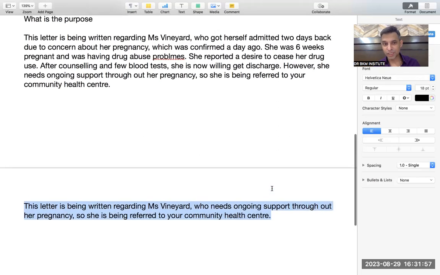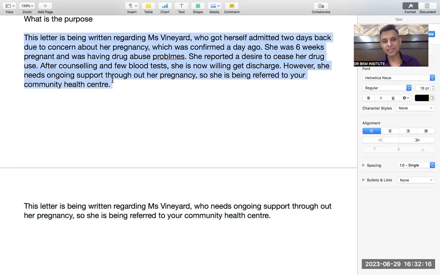But if you want to score 350, 300 is what we need to pass. That is C positive. 300 marks we need to pass C positive. And this is good enough for C positive, who needs ongoing support throughout her pregnancy. But if you write this as a complete thing, mentioning the strong points of the letter, then this fetches you more marks.